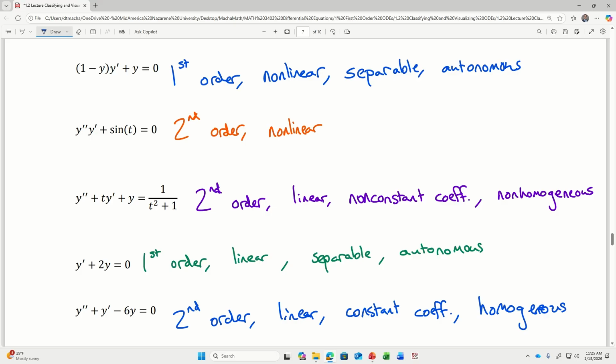There's no t's that appear here, so there are constant coefficients. It's just because we don't know what t is, because it's a variable. If we say that lowercase r is just a constant, it could be a constant. It's just saying that your independent variable, which in this class is most of the time going to be t, can't show up among the coefficients.